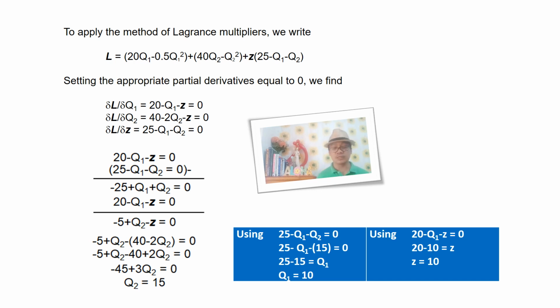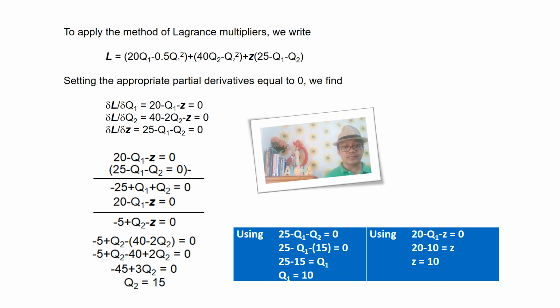And the partial derivative with respect to z equals 25 minus q1 minus q2 equals 0. Notice that the third condition is simply the original constraint.